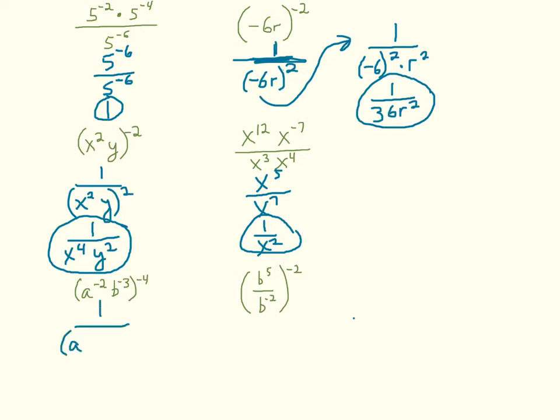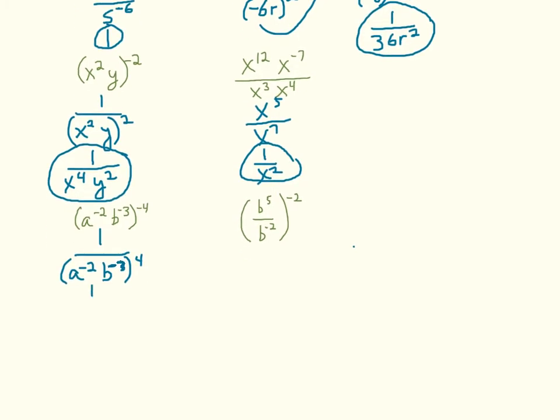I'll leave everything alone inside the parentheses, but I'm going to change the exponent for the power there outside the parentheses to a positive 4 since we moved everything to the denominator, and then I'm going to use my power of a power property, so I'll have 1 over a to the negative 8th, I multiply there, times b to the negative 12th, and I can move both of those powers up to the numerator as positive powers.